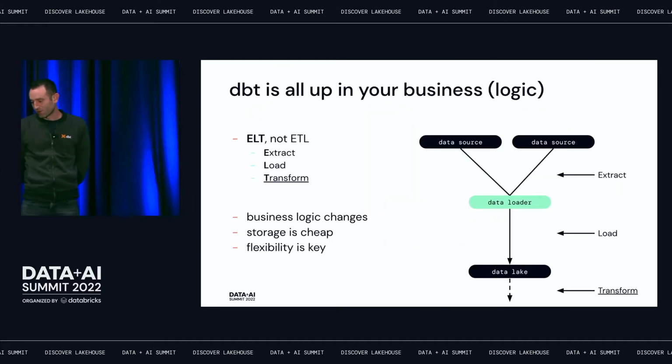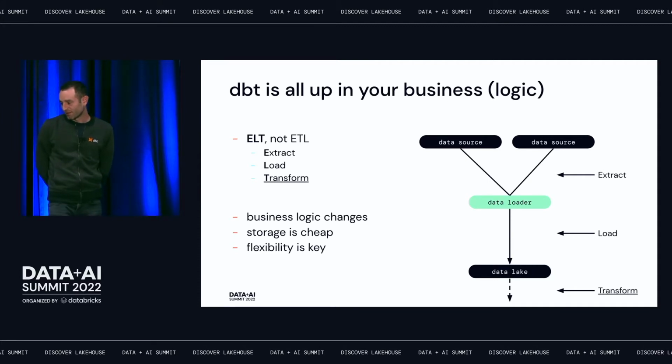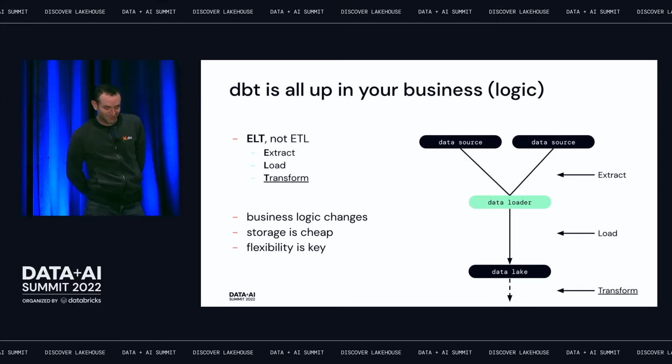So again, a look at ELT versus ETL. I think the biggest benefit of inverting this model and doing all the transformations in the data platform is that you get a lot of flexibility. There's no such thing as a free lunch for any of us, but storage is really cheap. Computation's pretty cheap anymore.